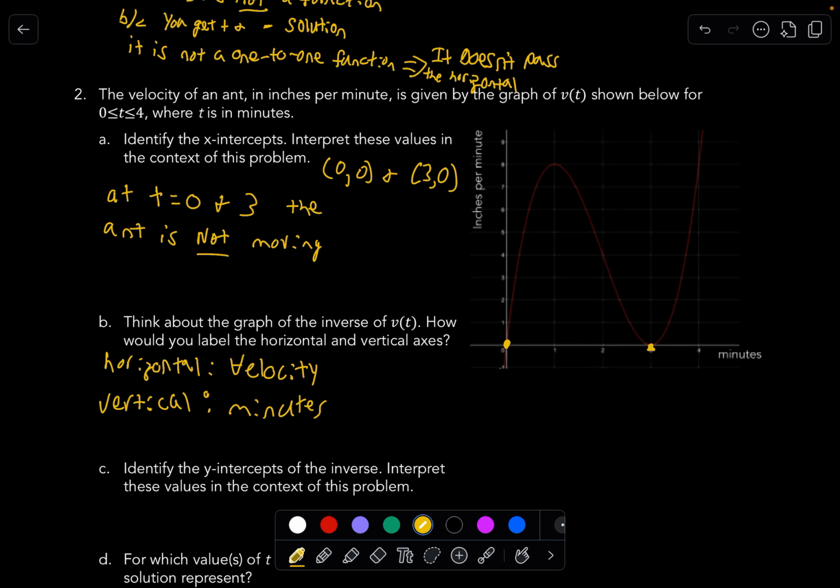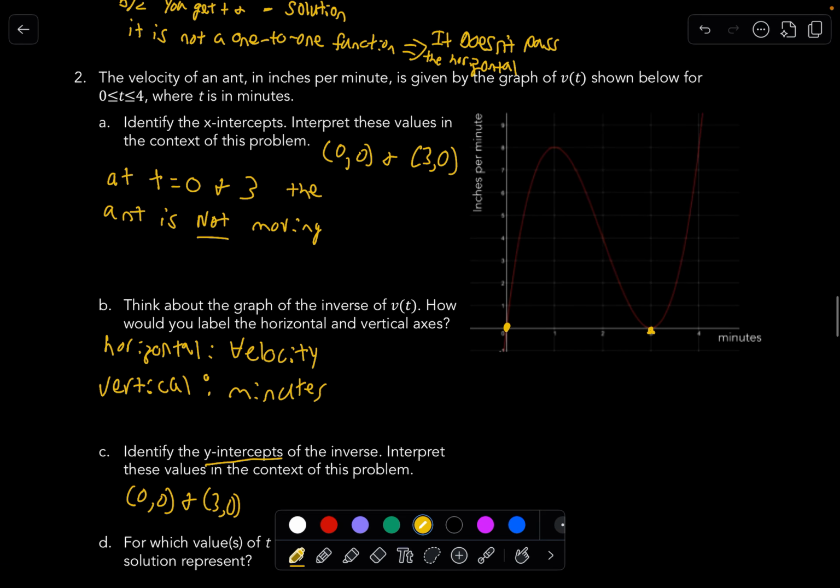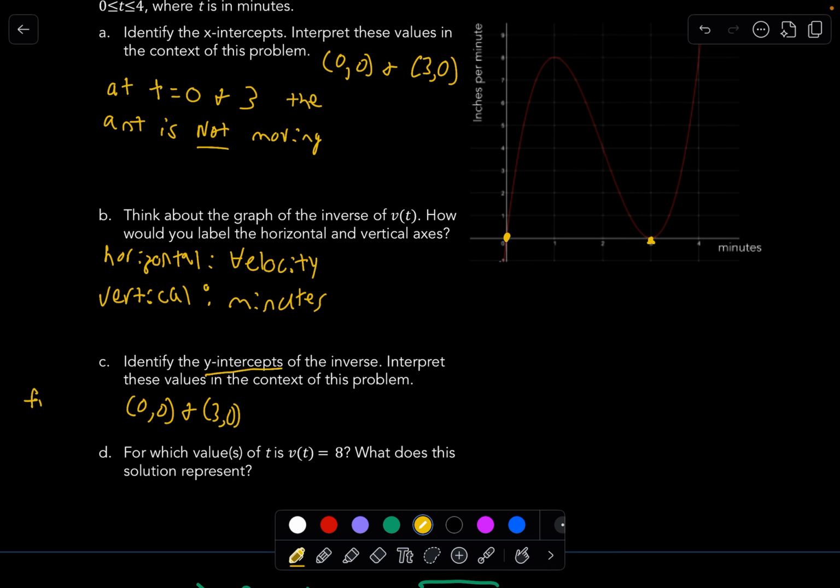Identify the y-intercepts of the inverse. Well, remember, since for the inverse you just flip x and y, the x-intercepts 0, 0 and 3, 0 from the original become, on the inverse, 0, 0 and 0, 3.